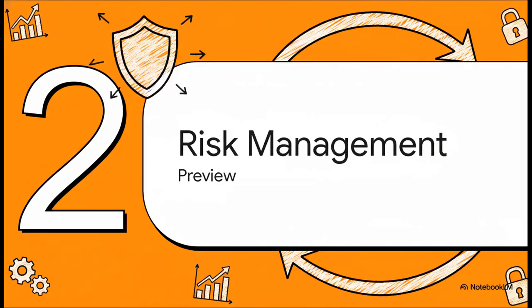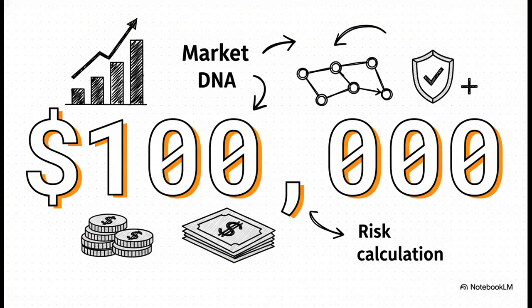So now that we have the plan, let's talk about managing risk. These parameters were all set right at the start of the cycle. They're specifically designed to manage any potential downsides from the get-go. To make this tangible, the model's risk calculation is based on a hypothetical amount of capital. For this example, that amount is $100,000.